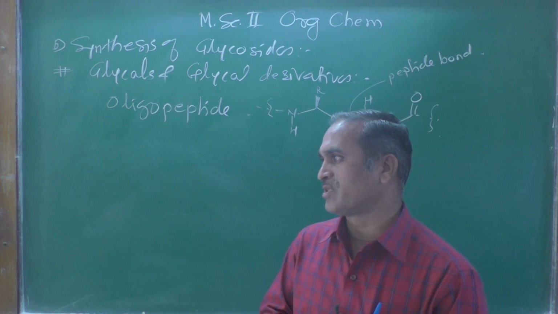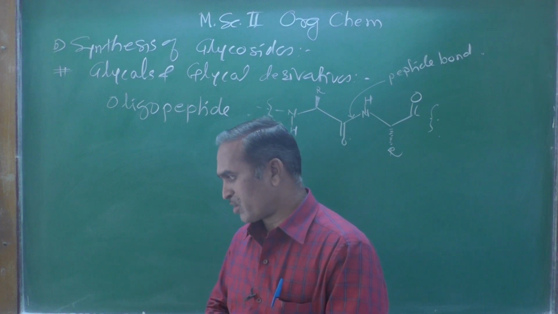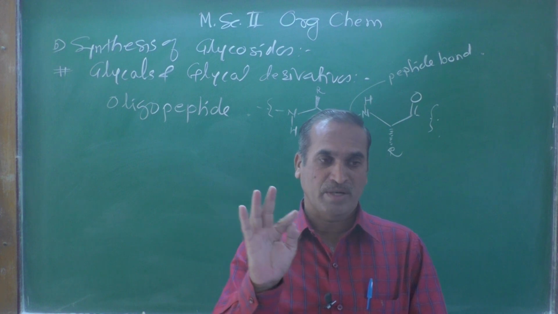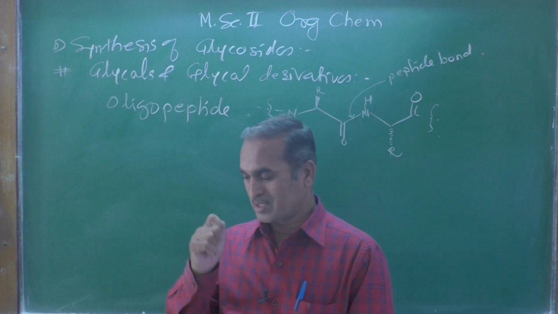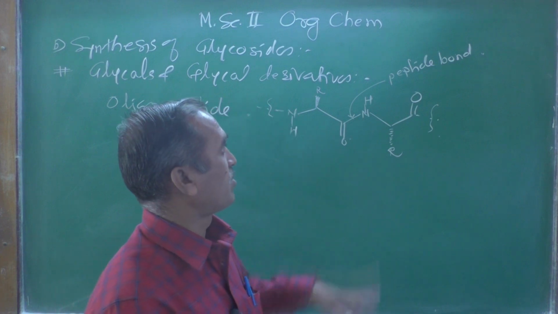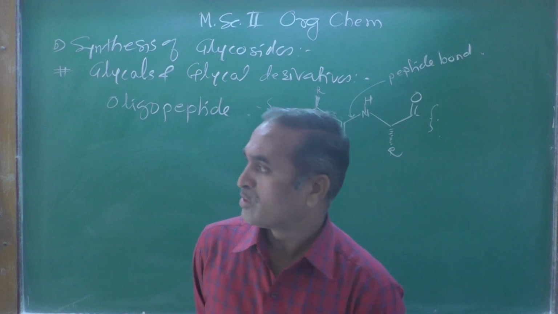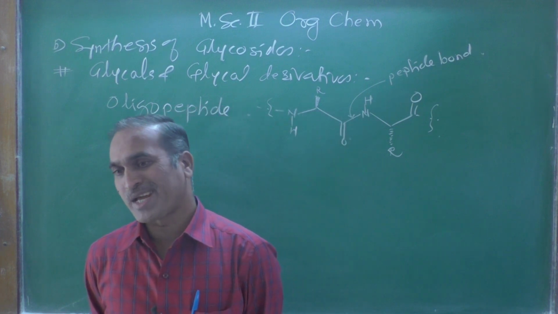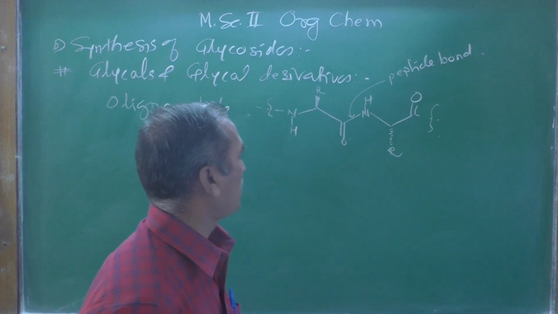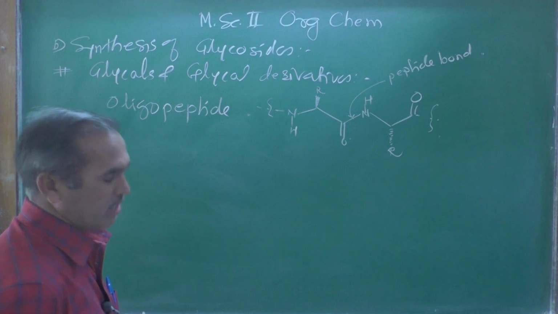When two alpha amino acids come together and form a bond, that bond is known as a peptide bond. It is the carbon nitrogen bond adjacent to the carbonyl group. You can observe these peptide bonds in protein synthesis or in the protein molecule. So that is oligopeptides.